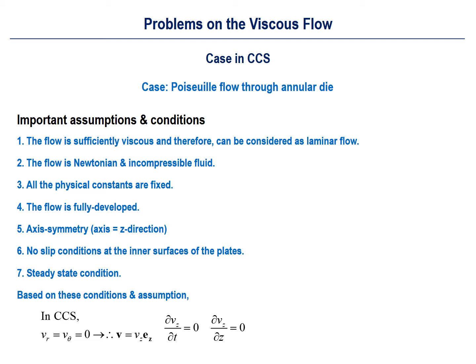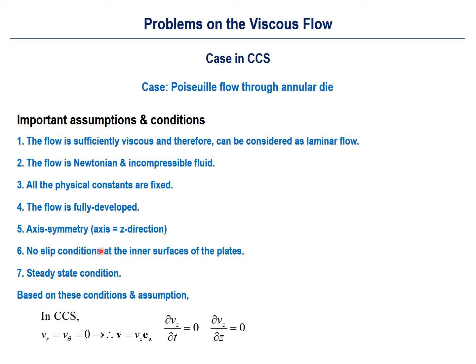It means that there will be no velocity at the surface of the inner diameter and outer diameter. Okay. Finally, we will consider steady state, with no time dependencies. In the CCS system, these assumptions and conditions will allow us to say that the velocity components in the radial direction and the azimuthal angular direction are equal to what? 0, right?